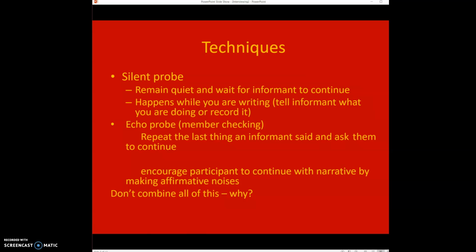There is something called an echo probe, which is also known as member checking. What you're doing is you're repeating the last thing an informant said and asking them to continue. So if I ask a person, how do you feel about your child's education? And that person were to say, I don't think my child's getting a very good education.